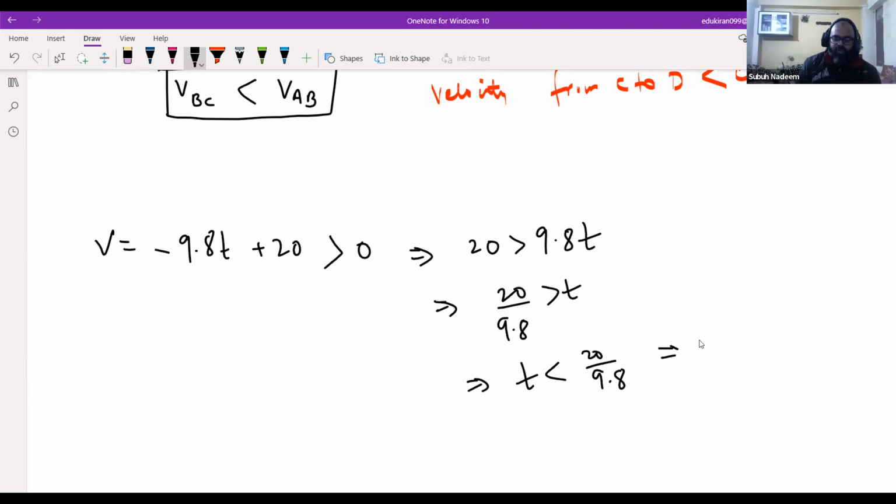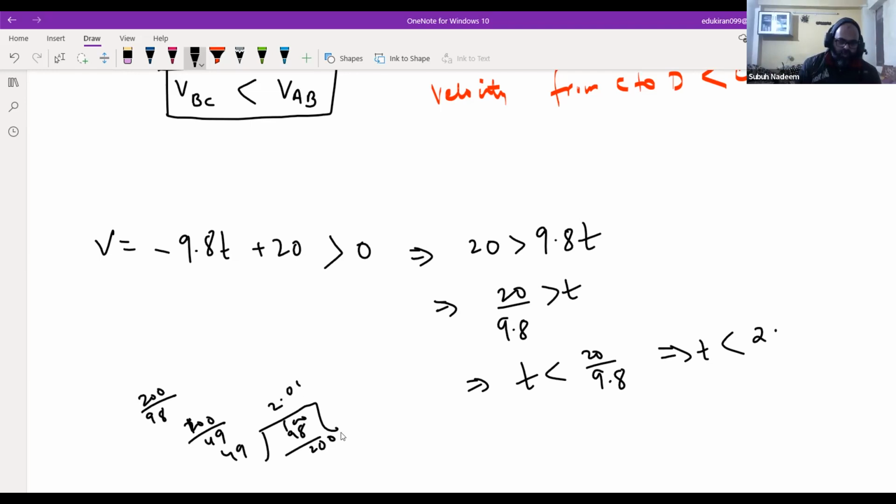Let us divide like this: 200 by 98, so 100 by 49. 49 times 2 is 98, remainder 2, then after the decimal a 0, then one more 0, 4 times.